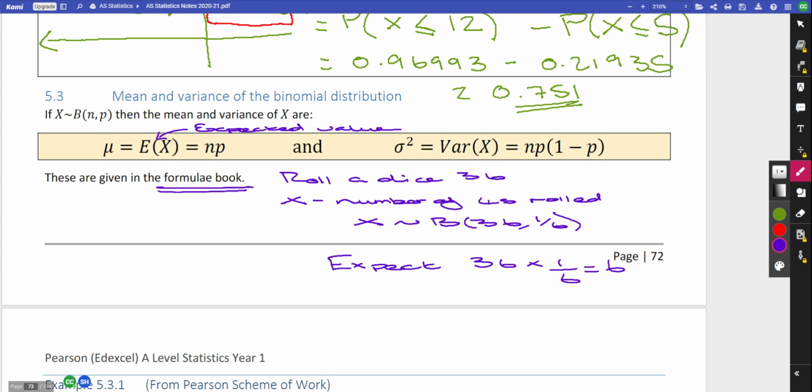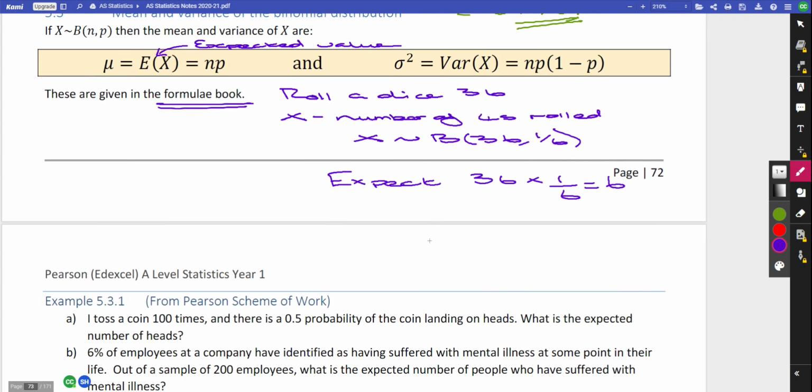Well, if I roll the dice 36 times, I would expect to get 6 of each number, and that's what that expected value means. Obviously when we're doing a binomial distribution, because it's following that binary condition, it either happens or it doesn't happen. We would just be focusing on one number there, which is what we did with that 1/6.